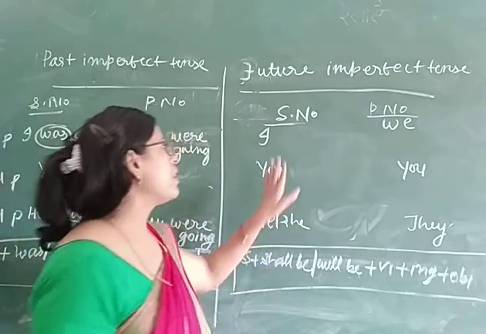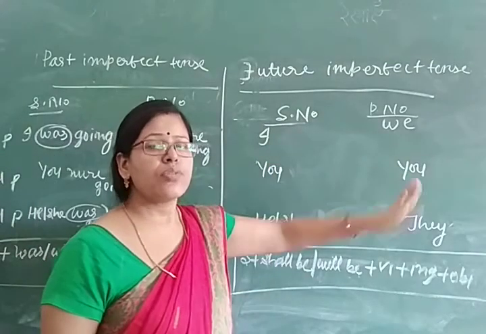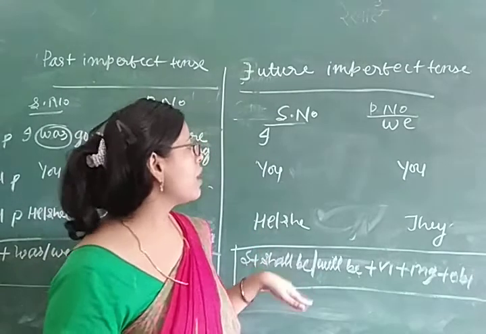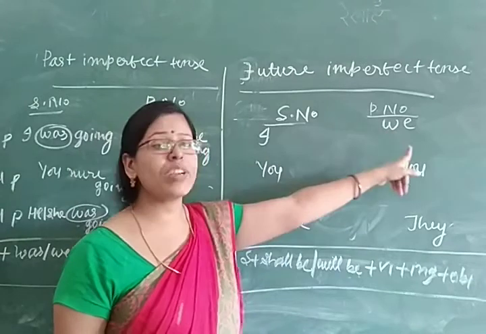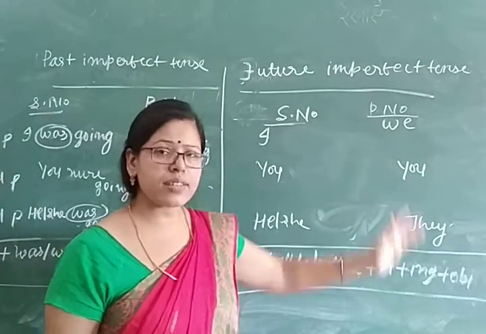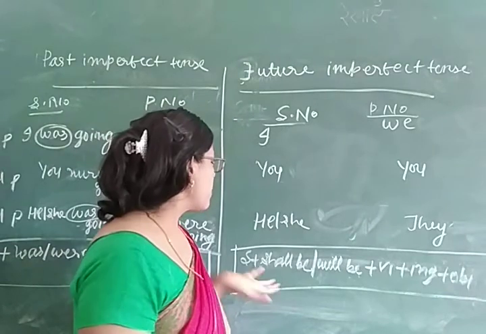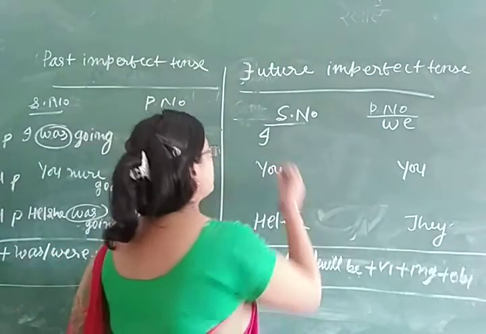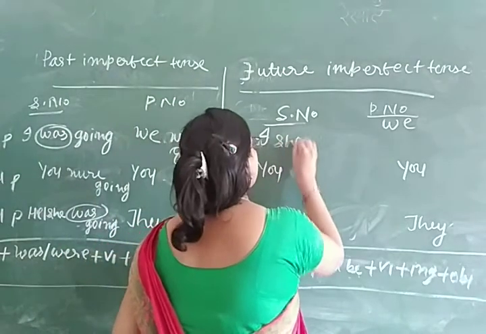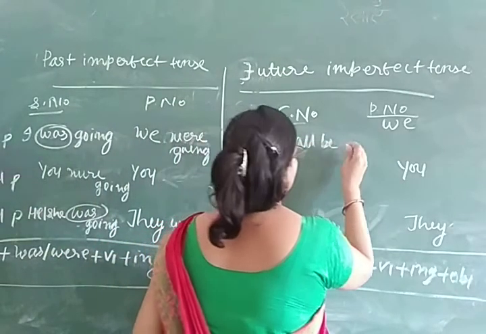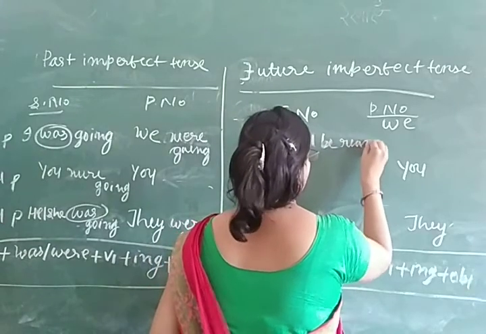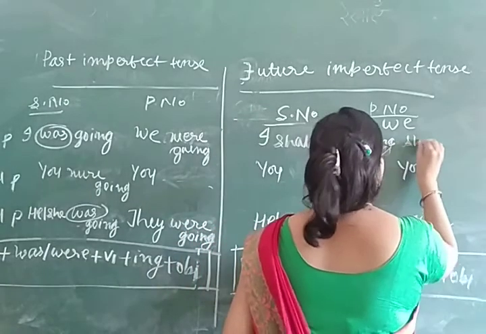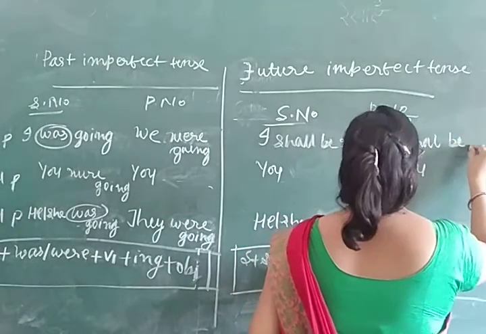And you know very well, along with I and we we use the helping verb shall. So we will use shall be along with the subjects I and we only, and with the remaining subjects we will use the helping verb will be. Let me give you one example. I shall be reading. I shall be reading. Similarly, we shall be reading.